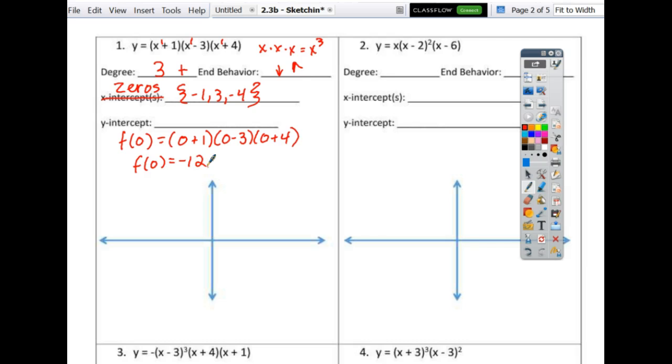So my y-intercept is -12. So let's mark these things, what we have on here. So my zeros, I have a -1, a -4, a 3, and then I have a -12, which is here. And we're just sketching, so they're not exact.